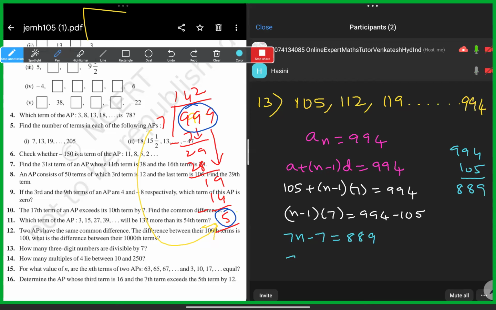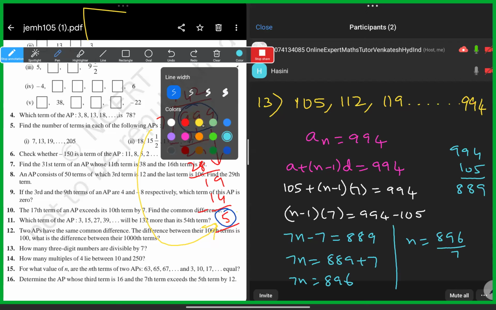Now minus 7 goes to that side and becomes plus 7. 889 plus 7, 7n is equal to 896. So n is equal to 896 divided by 7.